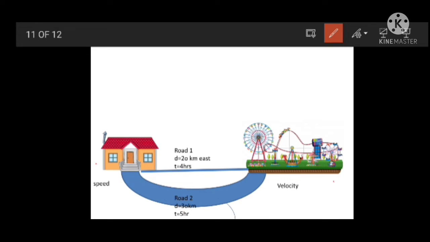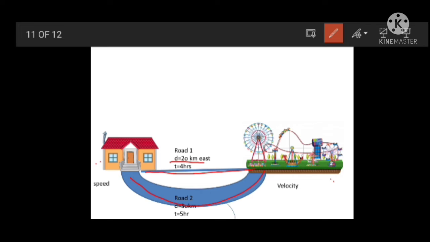To understand velocity, let's take one example. In this picture, you can see a house and an amusement park. Your family members have decided to go to an amusement park for a picnic. In order to reach there, you have two options. You can travel through road 1 or you can travel through road 2. If you are traveling through road 1, you will have to cover a distance of 20 kilometers.